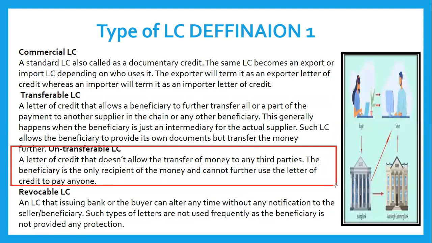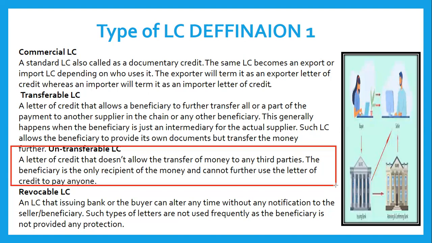So we will discuss the definition. It is a letter of credit that doesn't allow the transfer of money to third parties. In this untransferable LC, the money cannot be transferred to a third party. Only the authenticated person, in whose favor the letter of credit is open, can get the money.